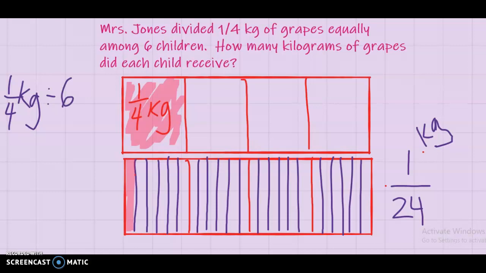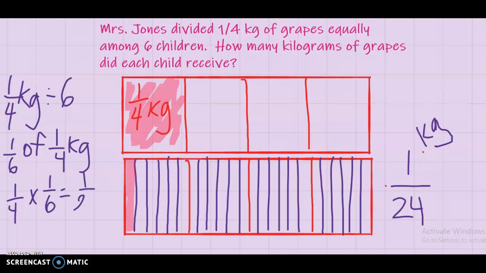We're basically asking, what is 1/6 of 1/4 kilogram? And that can be interpreted as 1/4 times 1/6, which equals 1/24 kilogram.